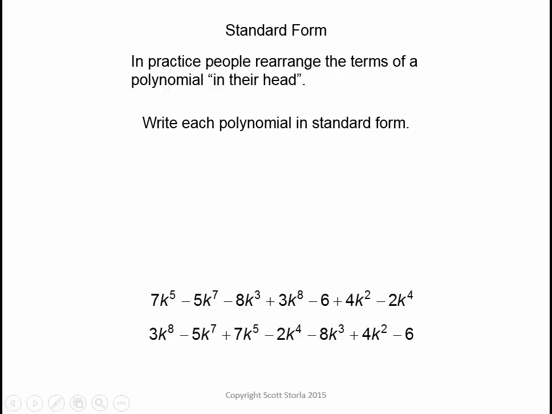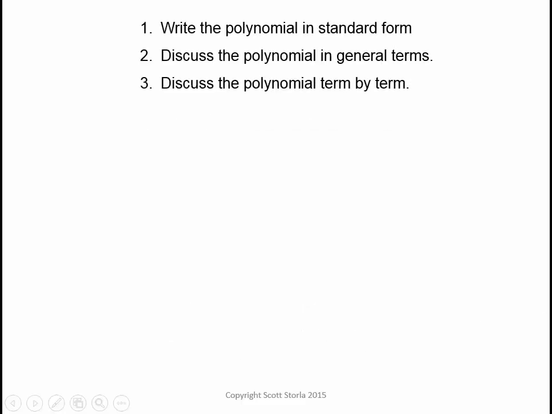Notice you don't need to have a term for every single degree. For instance, there is no sixth degree term. So try writing the polynomial in standard form, and then discuss the polynomial in general terms, and last discuss the polynomial term by term.